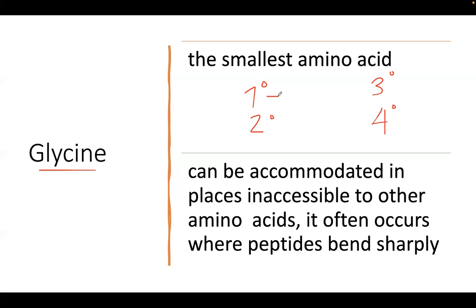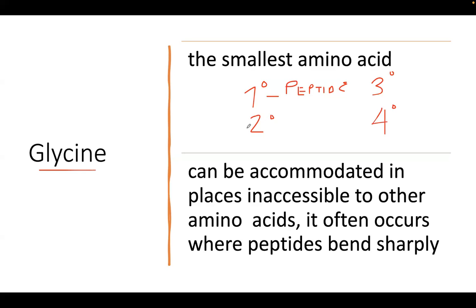Now, question, what is the primary structure of a protein? Primary is letter P. It is the peptide bond. The primary structure of a protein is a peptide bond.